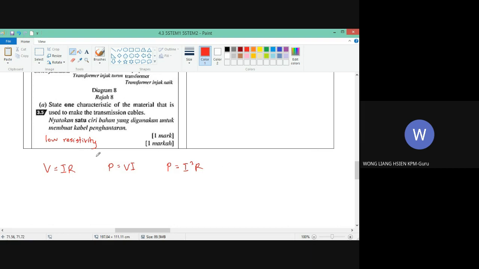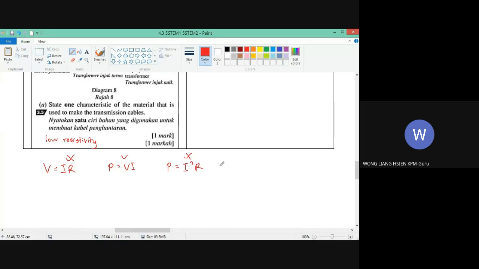Some students will use this, and those that use this will get the wrong answer. Those that use this also get the wrong answer. Let me explain why, this part is very important.